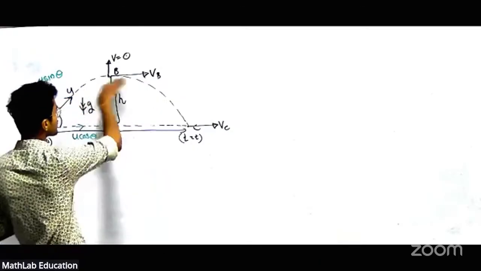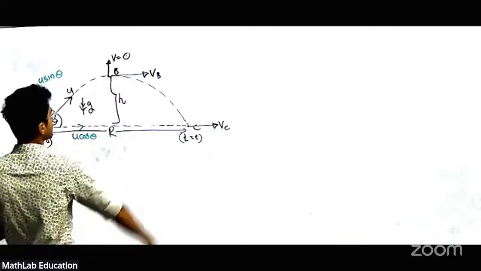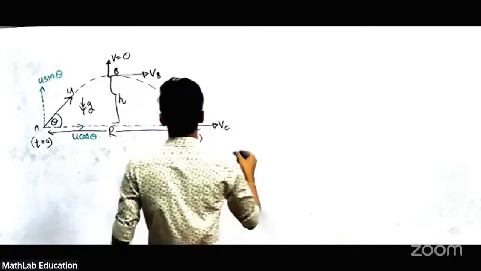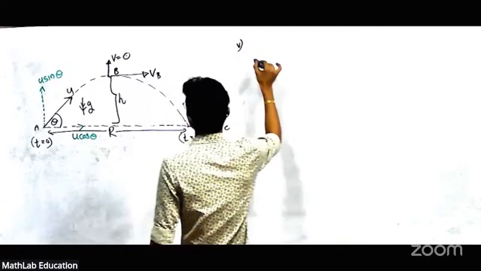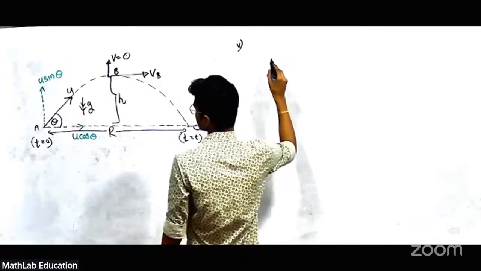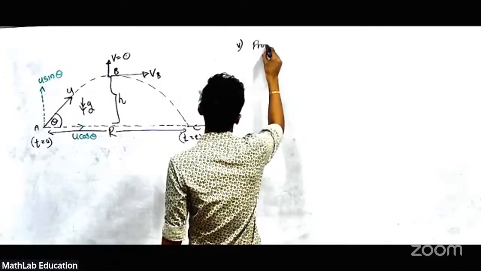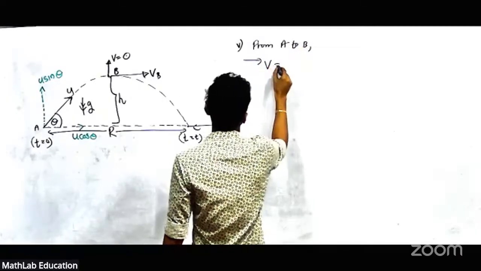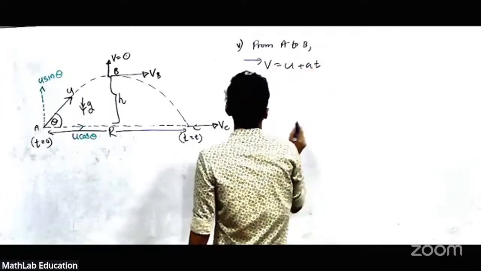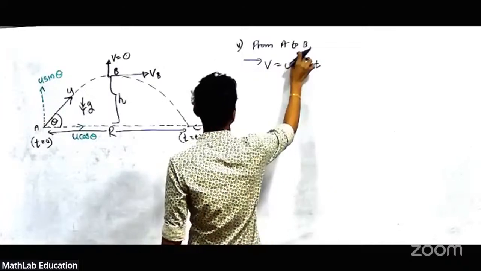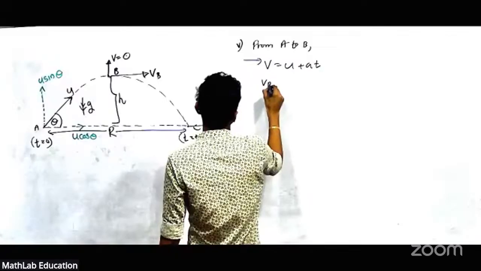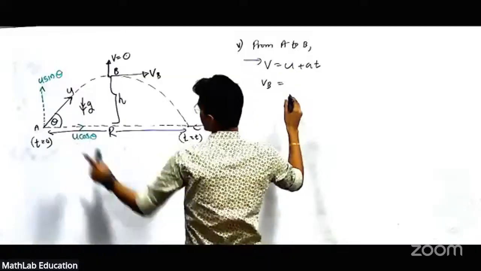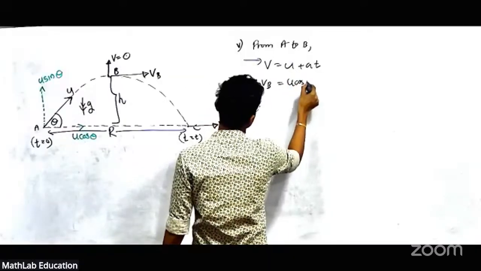If I need the velocity at B, that's a horizontal velocity, so it involves the horizontal motion. I'm going to use an equation like V equals U plus AD from A to B horizontally. V is the velocity at the final point, VB, and U is the velocity at the initial point A, that is U cos theta, the horizontal component.